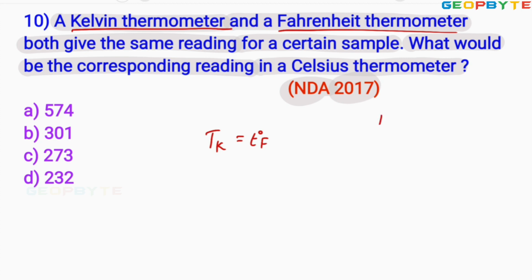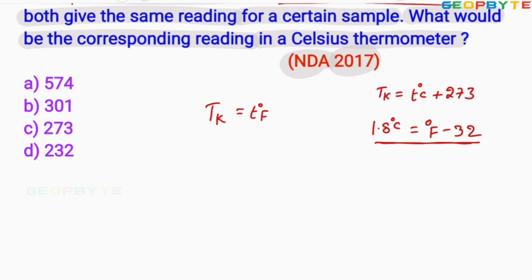For that, absolute temperature in Kelvin equals thermometer reading in degree centigrade plus 273, and 1.8 degree centigrade is equal to degree Fahrenheit minus 32. This is the relation between the degree centigrade and degree Fahrenheit. From this, degree Fahrenheit equals 1.8 times the thermometer reading in degree centigrade plus 32.